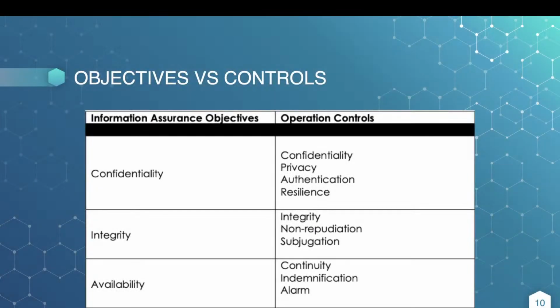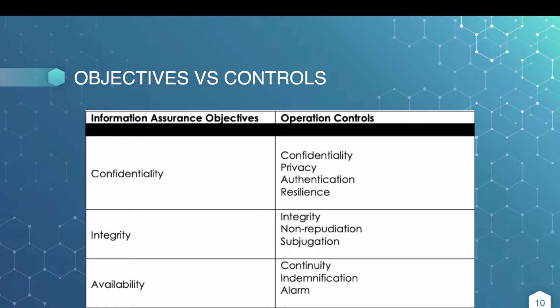Let's talk a little bit about the objectives versus the controls. So in the left column, you see the information assurance objectives, and we put the controls that we just saw as opposed to that. Now we missed one, alarm, but we'll get to that later.